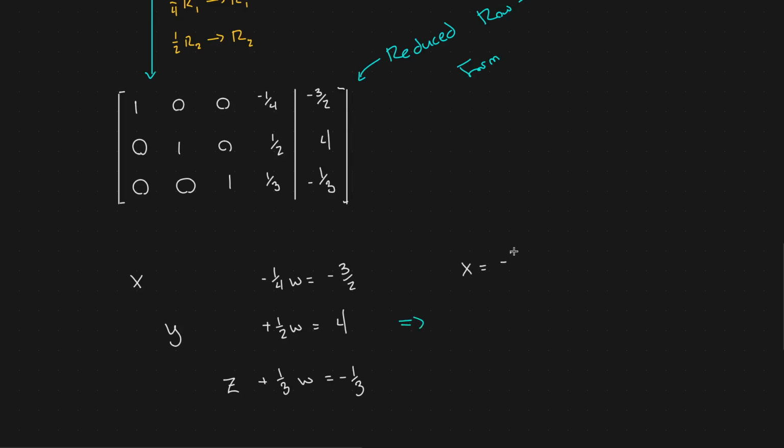X is -3/2 plus 1/4 W. Just add the 1/4 W over.